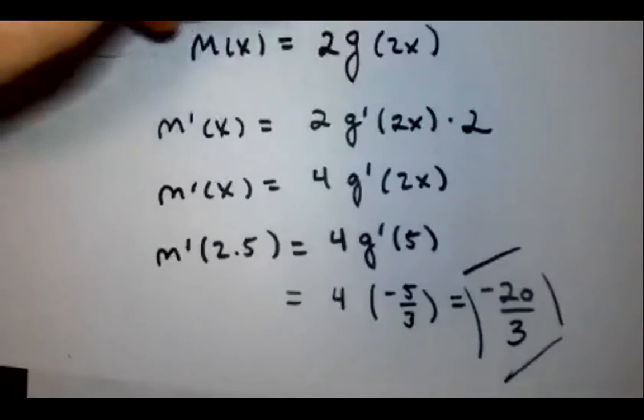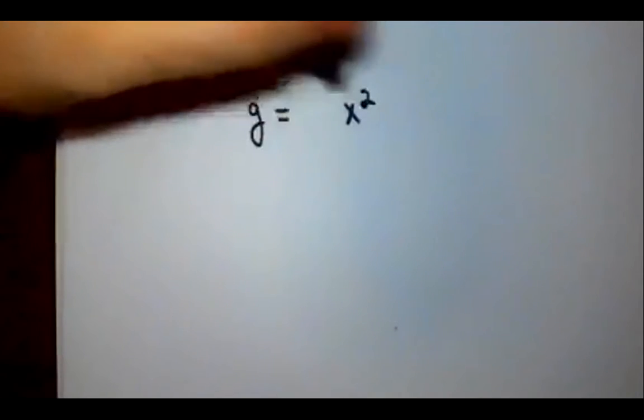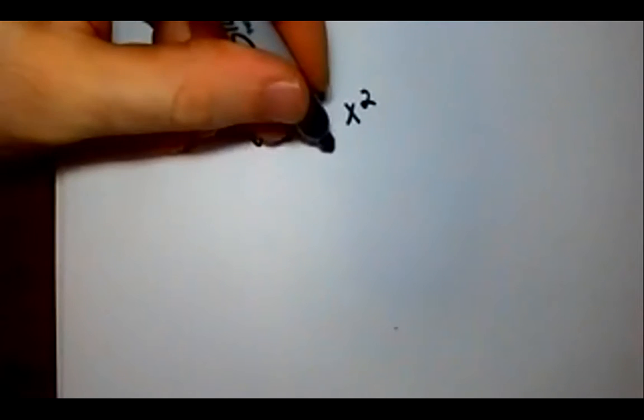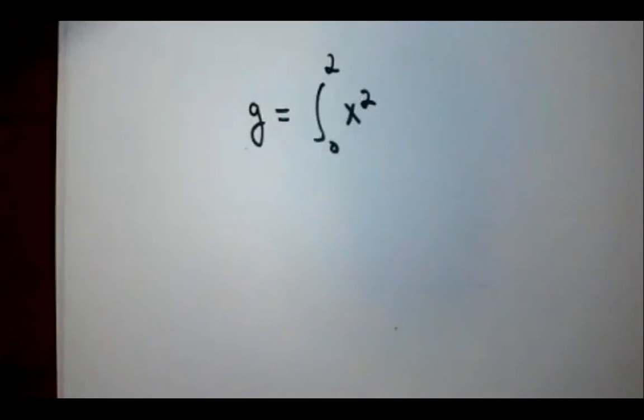Can you explain again when it is we multiply by the derivative of the thing? When we do the bound, you mean? Yeah, like when we pull the 2 out. Yeah, so the rule is, let's do something you can wrap your head around. Let's say G is equal to the integral of x squared from 0 to 2.